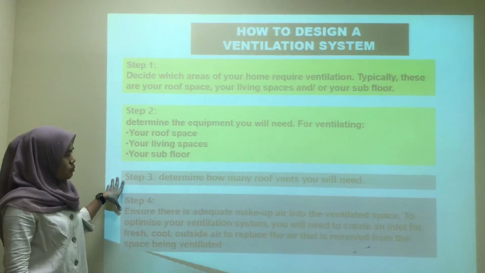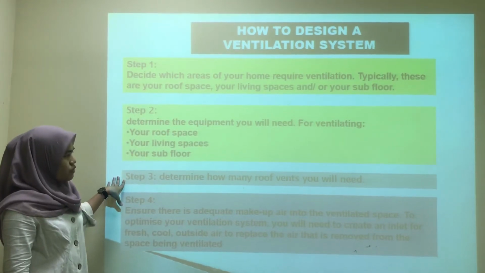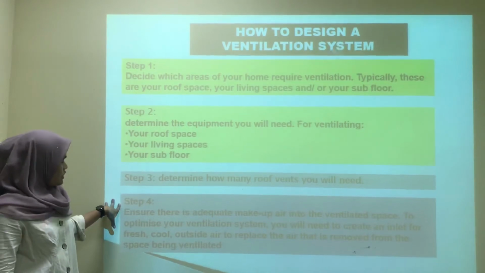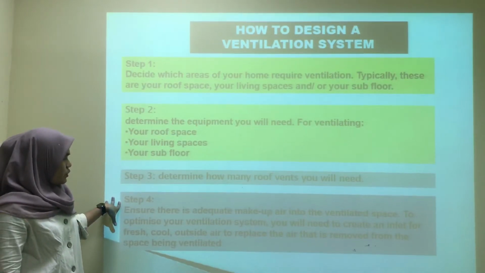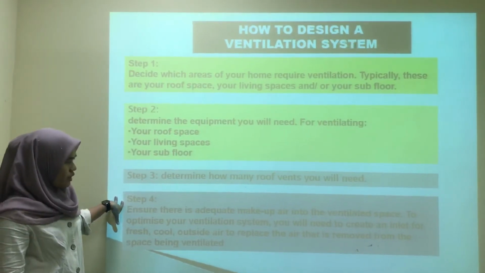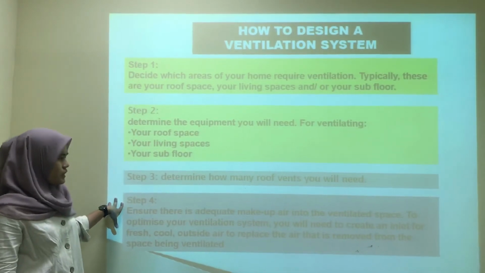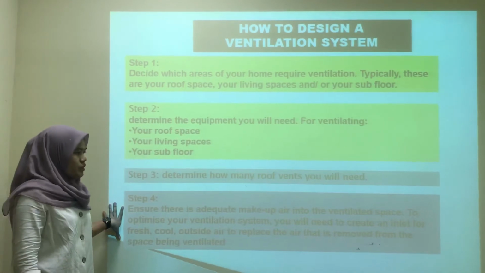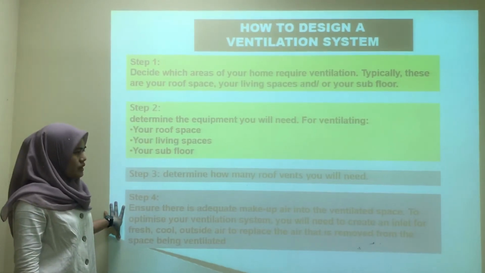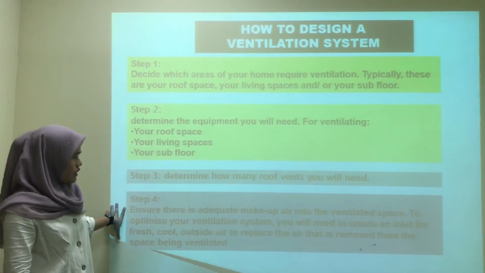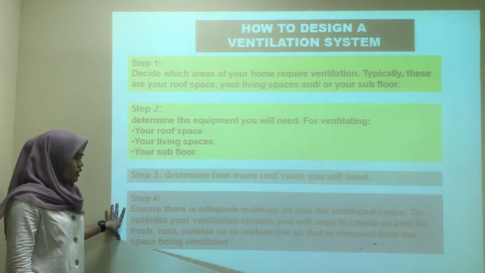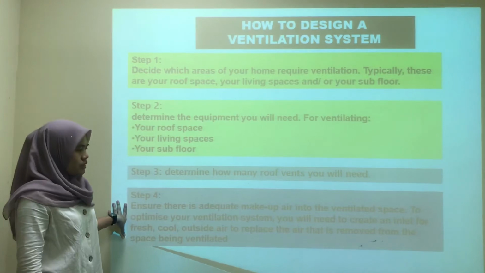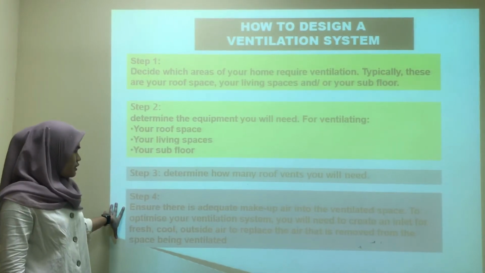Determine how many roof vents you will need. Step 4. Ensure there is adequate make-up air into the ventilated space. To optimize your ventilation system, you will need to create an inlet for fresh, cool outside air to replace the air that is removed from the space being ventilated.